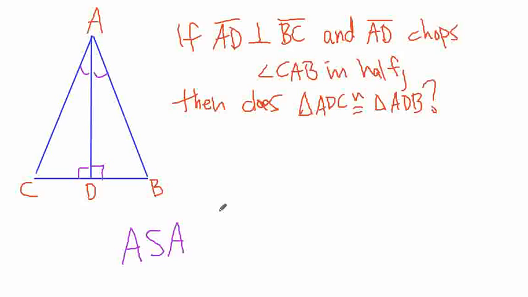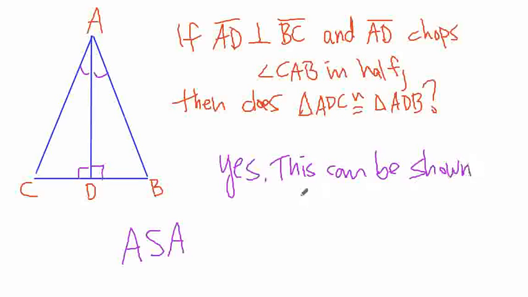Therefore we have ASA. So we would say that the answer is yes, and maybe add a statement like this can be shown from ASA. ASA is why we can take it to the bank and be guaranteed and not have to lose sleep. Okay, ASA theorem.